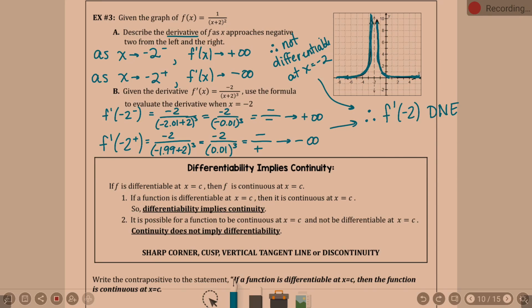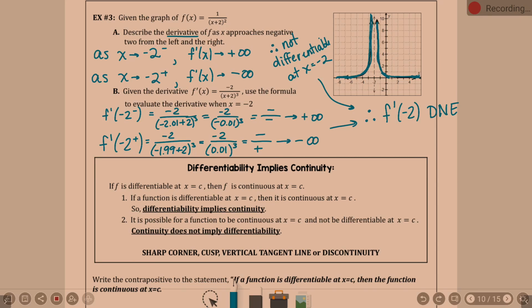Okay? Now, that leads us into, in this particular problem, was this continuous? Can I draw this graph with one pencil swipe? No, this graph is not continuous. It's 2 separate pieces. If it's not continuous, it can't be differentiable.